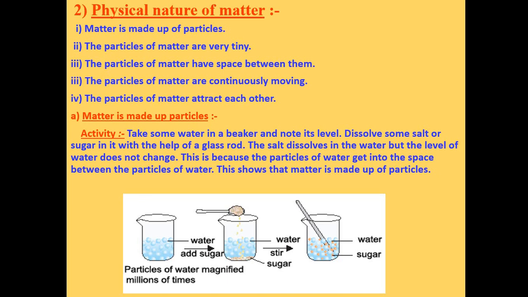Most of the evidence for the existence of particles in matter and their motion comes from the experiments on diffusion, means mixing of different substances on their own, and Brownian motion.